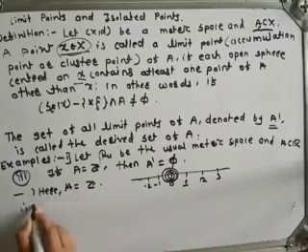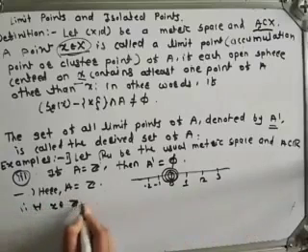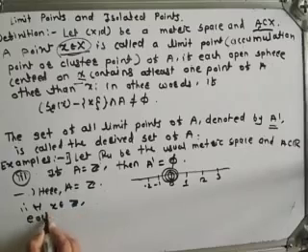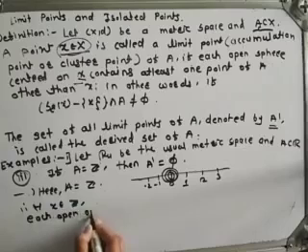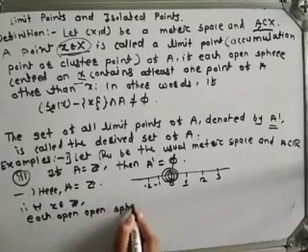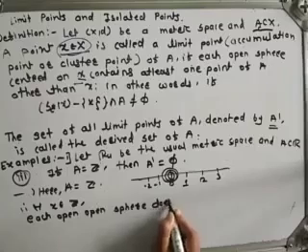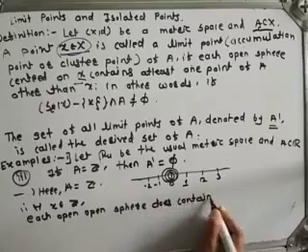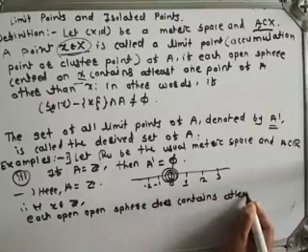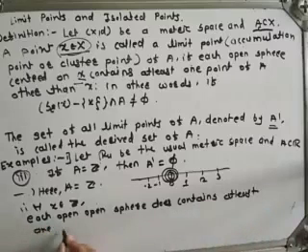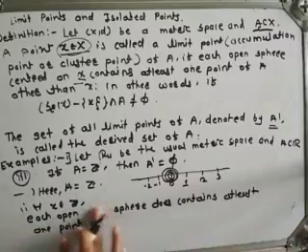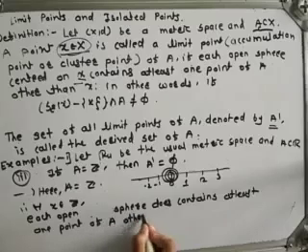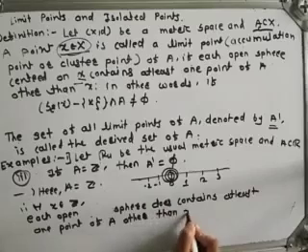Therefore, for all x belongs to Z, each open sphere does not contain at least one point of A other than x.